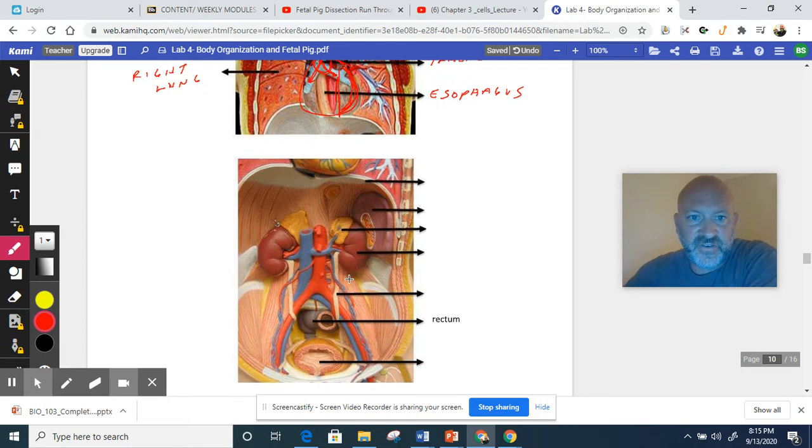This big sheet of muscle in here is the diaphragm. This is what our spleen looks like. It's also on the left side, just like the pig. Then we have a kidney. Sitting on top of a kidney, we have adrenal glands.